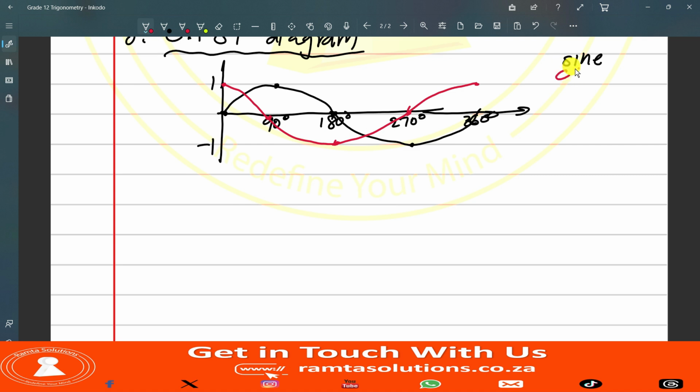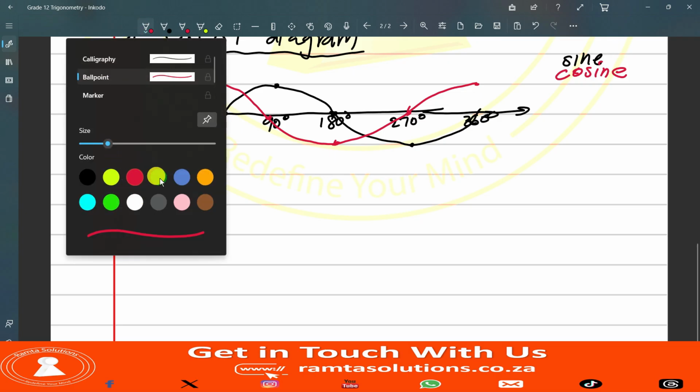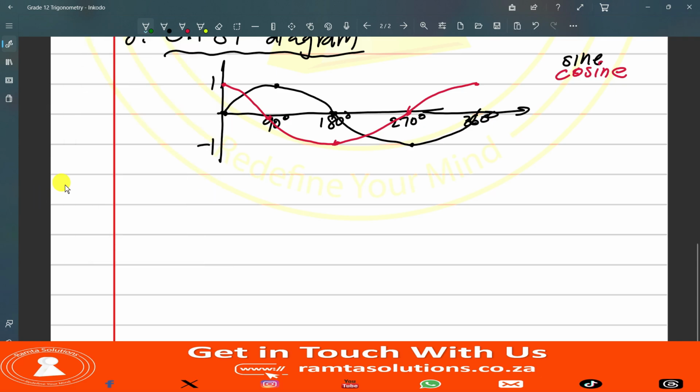Then let me try tangent. The first asymptote is at 90 degrees, and then the second is at 270 degrees. Okay, perfect. So the third one is the tan graph, right?